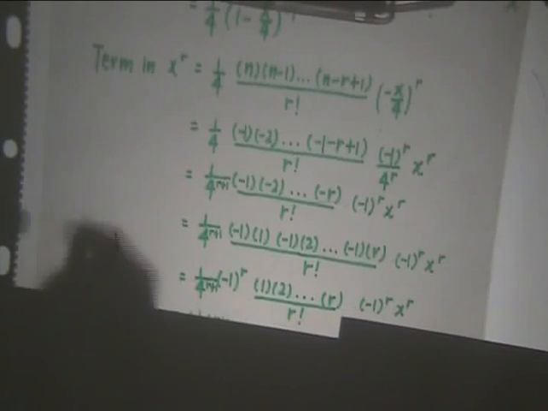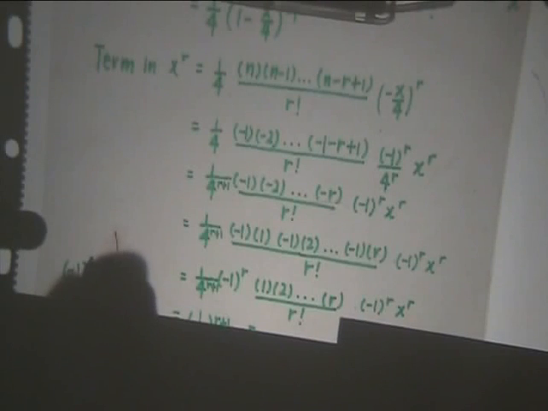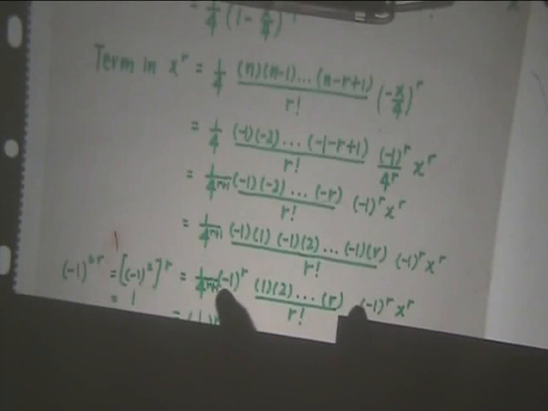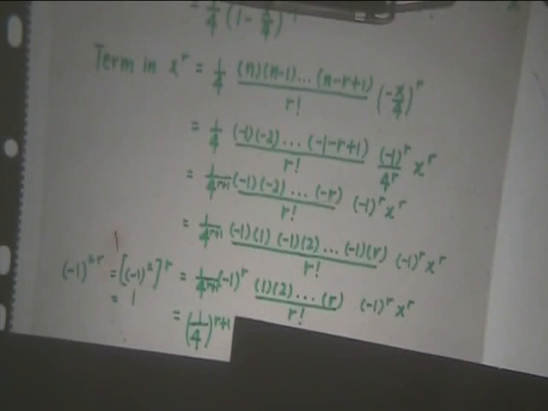So minus 1 to the power of 2r will actually be equal to negative 1 to the power of 2, whole thing to the power of r, which will actually give me 1. So I don't need to write 1 down. I am just left with 1/4 to the power of r plus 1.